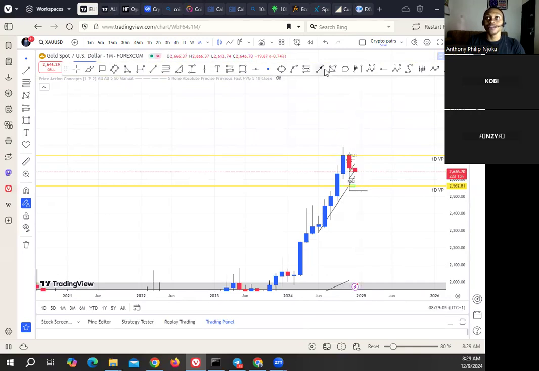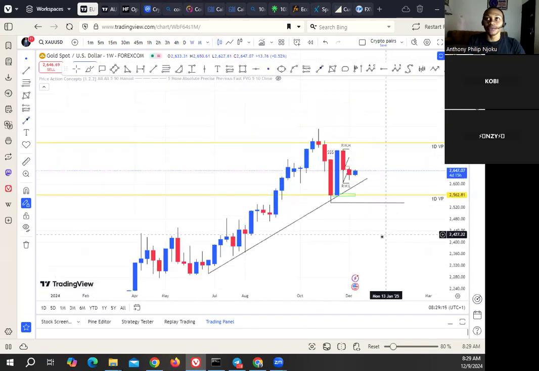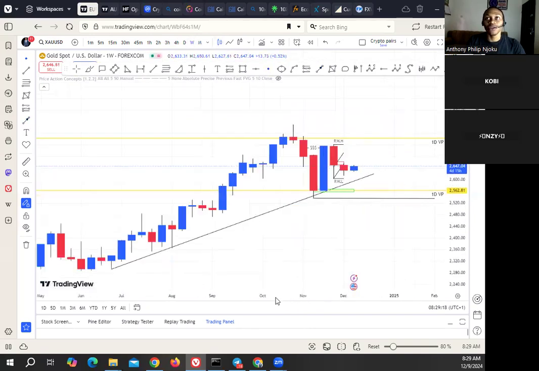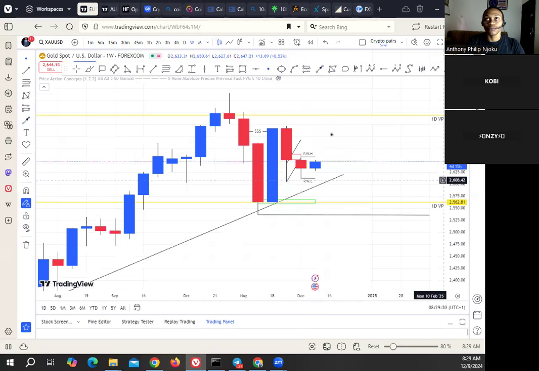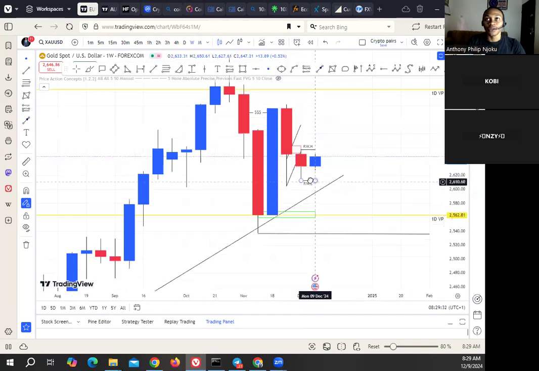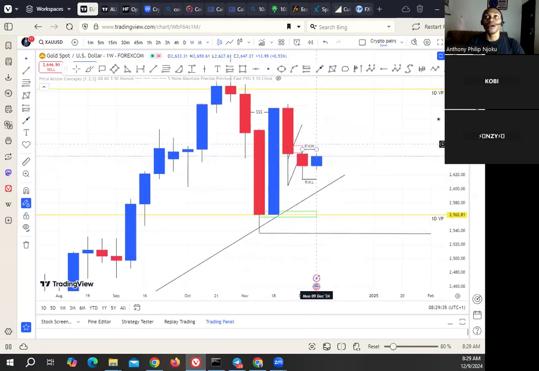So there's a chance that gold would use December to fill this wick, this low, to fill the time frame. We mark out the high and the low of the previous week. This is the high. This is the low of the previous week. Okay, so that's it.